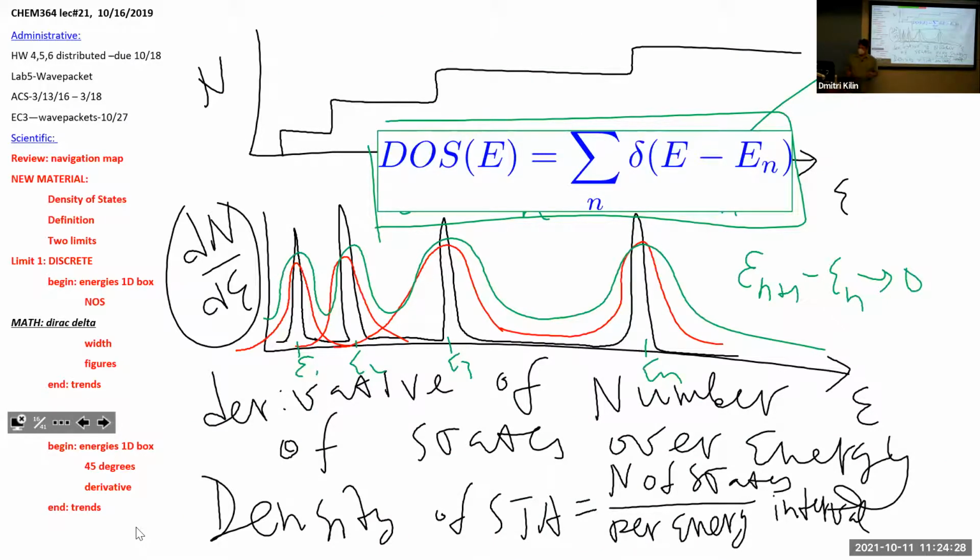So we can ask our Strawman to make another record each time the step in number of states occurs. Each time he walks and sees that something happens, he can just put a little stick, right?